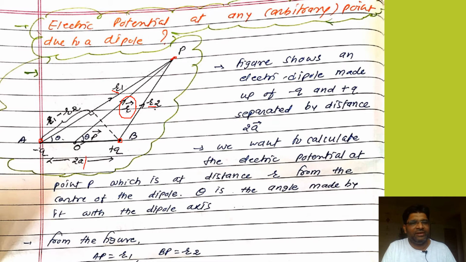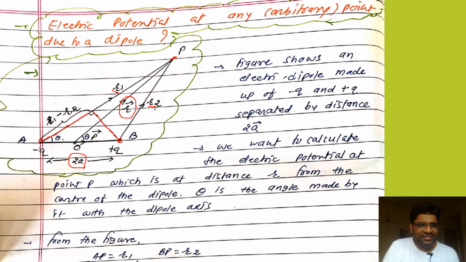The distance between them is 2a. If I draw a perpendicular from this, that's a small construction you need to remember here, then this remaining part will become R1 minus R2, and that will be really important in deriving the electric potential due to this dipole.